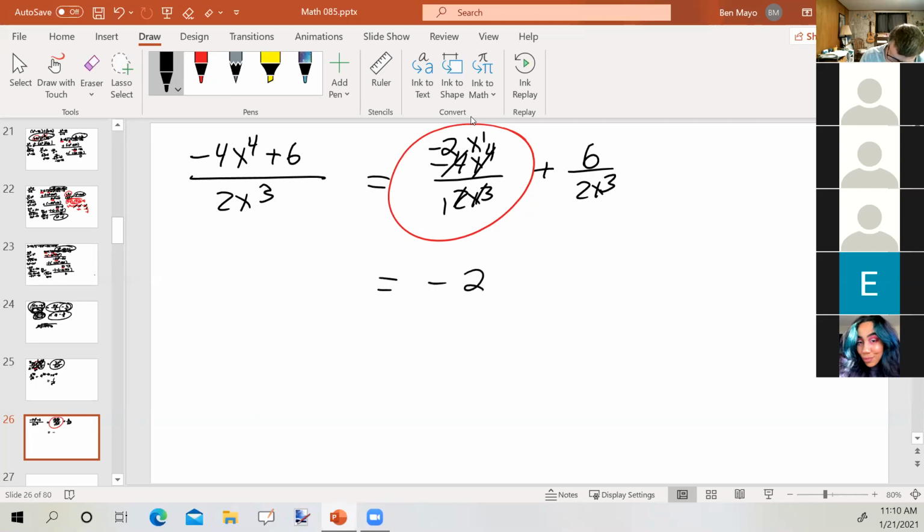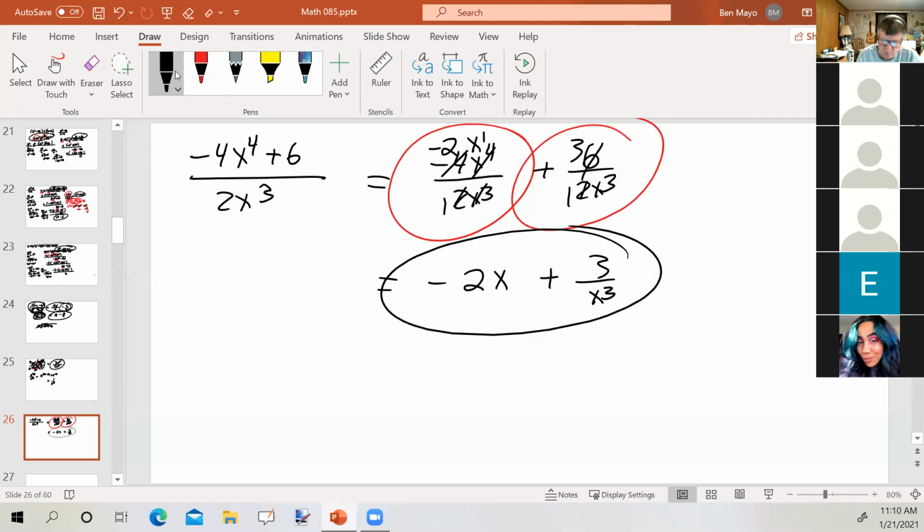So I have negative 2f. Second term, 6 over 2 is 3 over 1. f cubed is on the bottom. It's got a positive exponent. So there it is, and we're done. Thank you. All right, anything else?